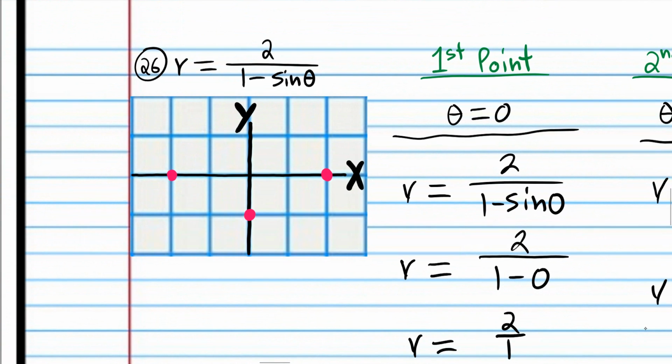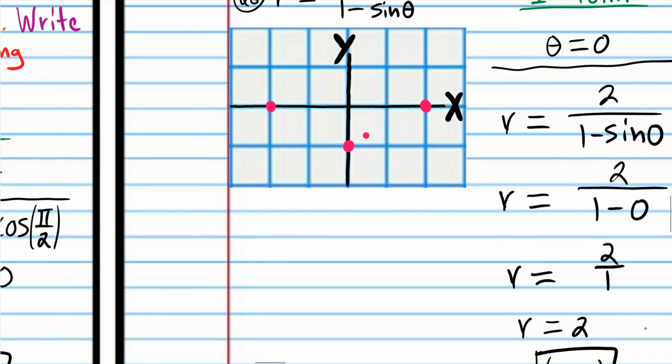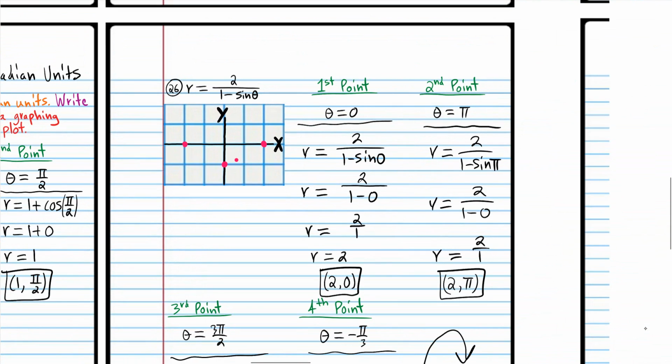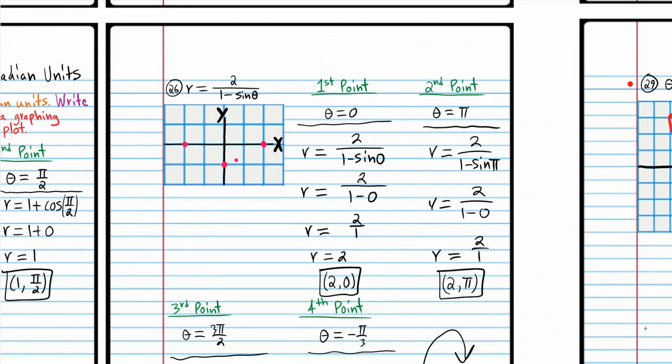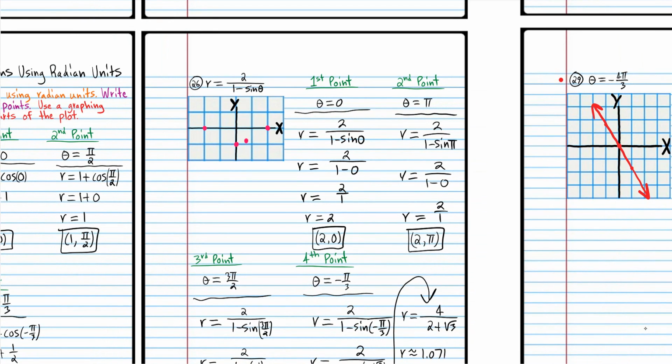So 1.071, we're going to go out 1.07, and then we're going to rotate negative 60 degrees, which would give us something about here, roughly somewhere around here. Now again, as you can see, this doesn't really help us see what the graph is. We're just practicing plotting points. We need the calculator to help us.